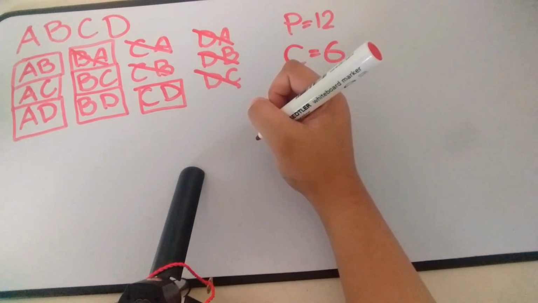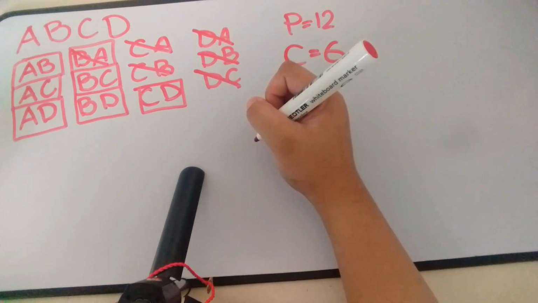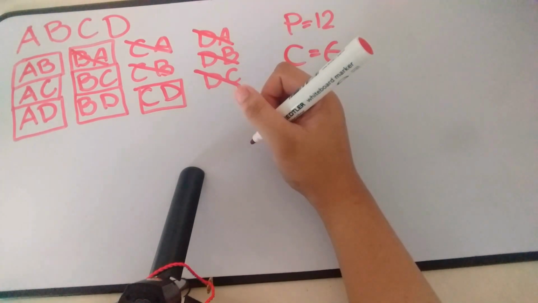So just remember, for a permutation, the order matters, and for a combination, the order does not matter. Now, how can we calculate these answers? Is there an easier way in which we can find the value as opposed to making a list of all the different possibilities?